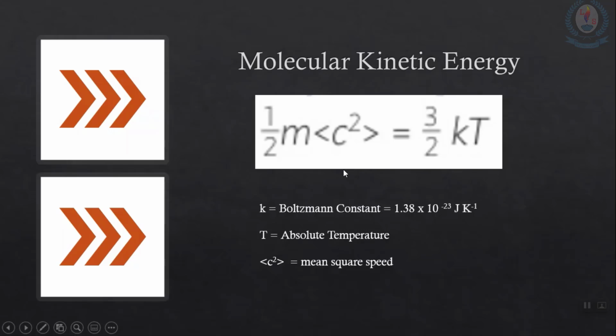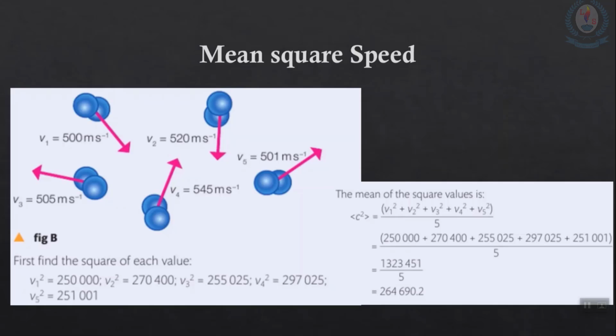Suppose they have not given it, we'll try to learn how to find the mean square speed. Very easy. You square the speed of each and every particle and add them. And divide it by the number of particles.